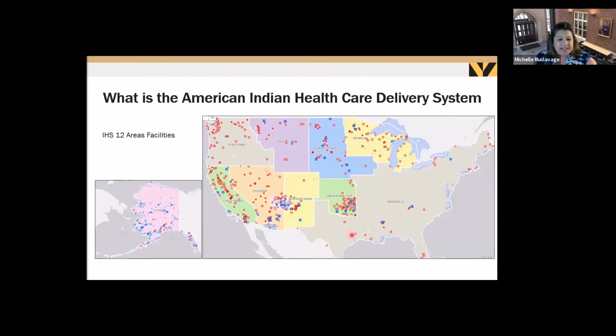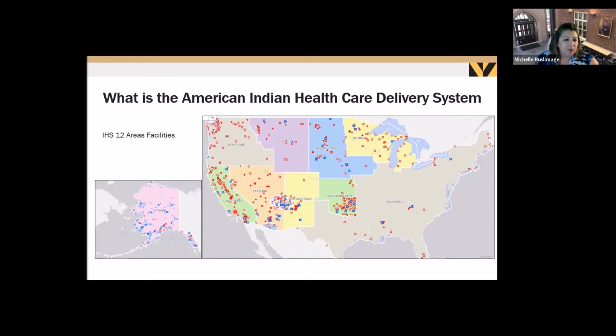And this is the same map, but overlaid on it are some of the facility locations, different colored dots. The blue dots, I believe, are hospitals, and the white dots are your ambulatory clinics. So it goes all the way from northern Maine, if you can see that. I know this might be small, but way up here in northern Maine is the Micmac tribe. Down to Florida, we got the Seminole tribe and a few other ones.